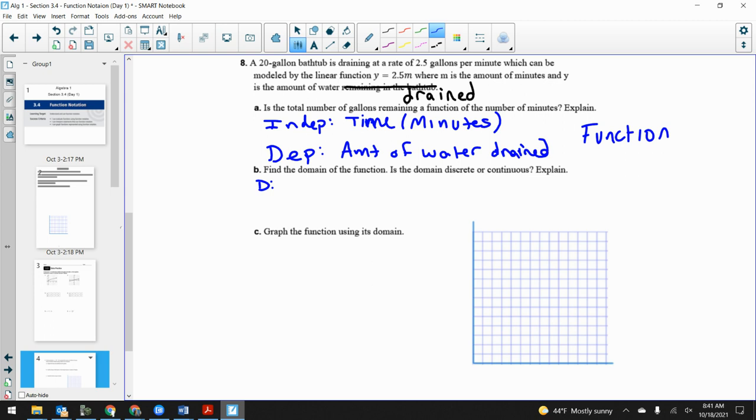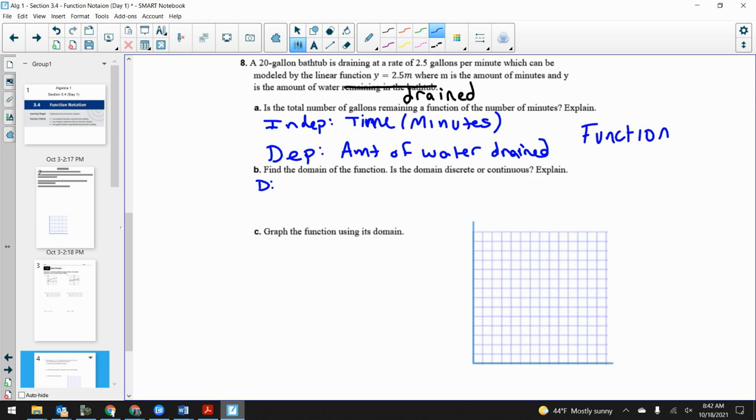Okay? Now, could I have 1 minute? 2 minutes? Could I have 1.5 minutes? Yes. Could I have 1.1 minutes? Yes. Could I have 1.001 minutes? Yes. Because this is not like, okay, I'm draining the tub and after 1 minute, water disintegrates, like the whole chunk goes down the drain.